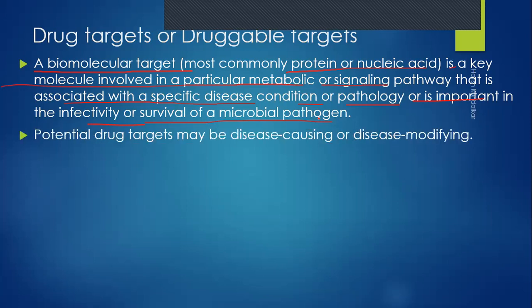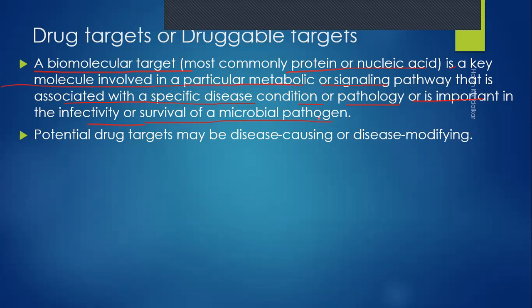Potential drug targets may be disease causing or they may be disease modifying. So whenever we have to design drugs, we have to first think of the target. Once we think of the target, we need to understand whether the target is going to be disease modifying or disease causing.